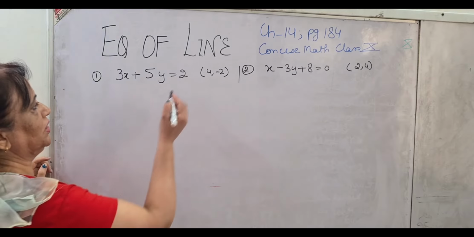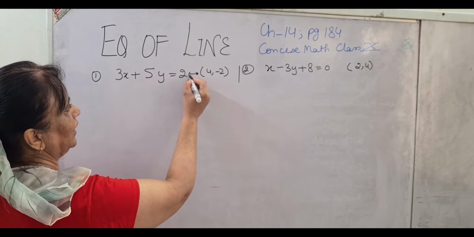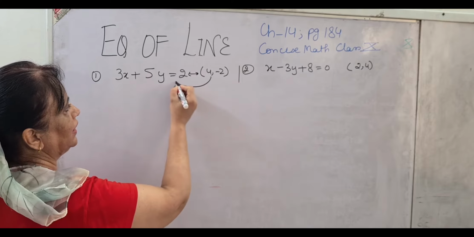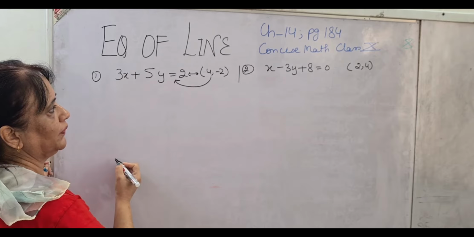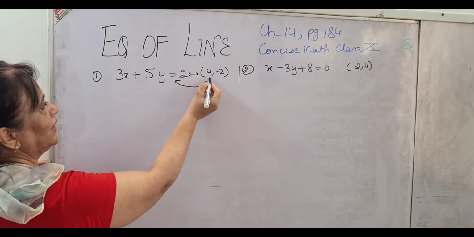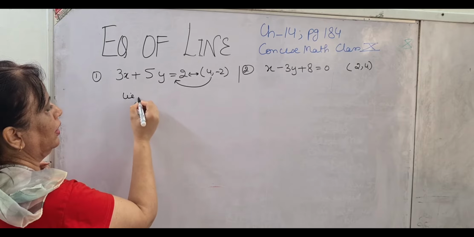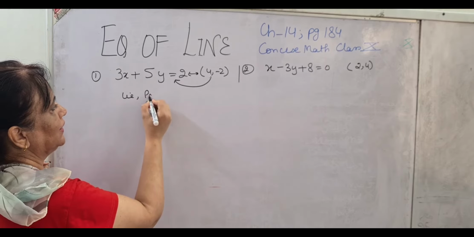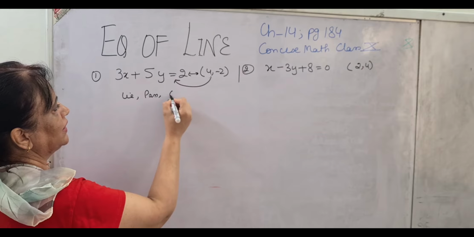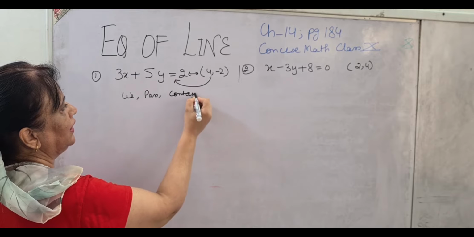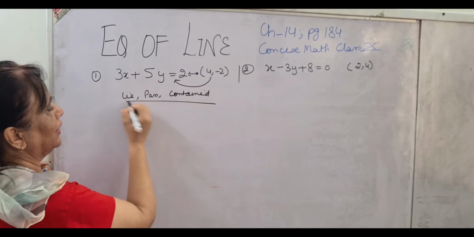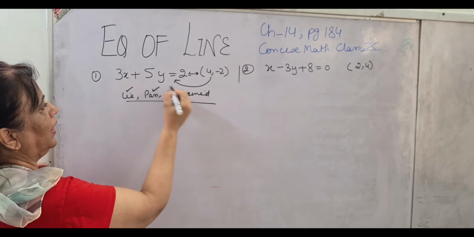Now, what question are we going to do? The first concept is whether this point is related to this line. Related means whether this point lies on the line, or whether the line passes through this point, or whether this point is contained by the line. All 3 of them mean the same thing. Lie, pass, contain.